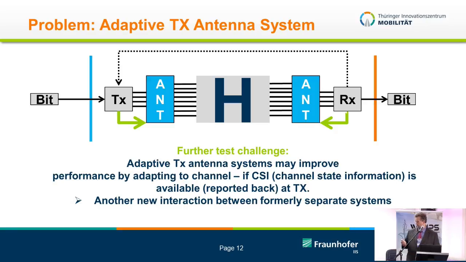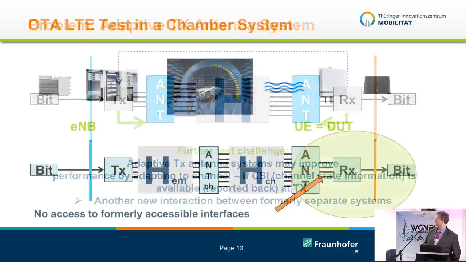So you have now another interaction between formerly separate systems that you need to take into account, because the, let's say, eNode B, to use 4G terms here, needs to select the proper precoding matrix for the MIMO system that we are discussing.